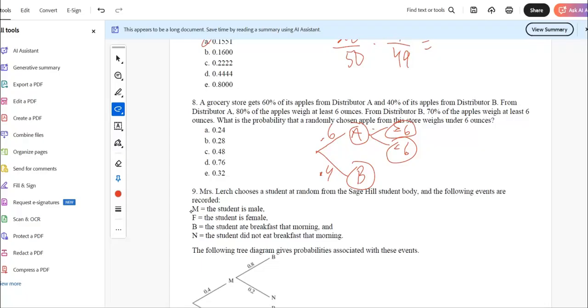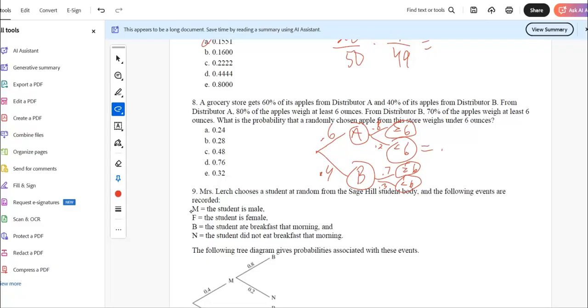So that would be 0.8 and 0.2. I guess greater than or equal to 6 and less than 6. 70% weigh at least, so 0.7 and 0.3, if I can read those. What's the probability a randomly chosen apple from the store weighs under 6 ounces?